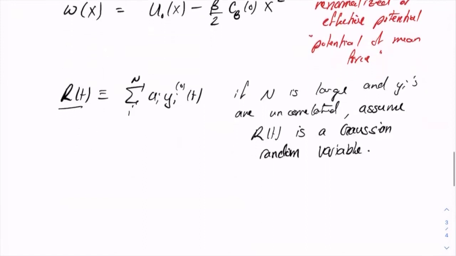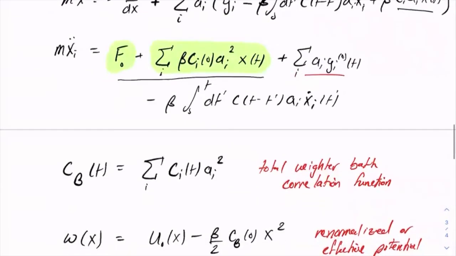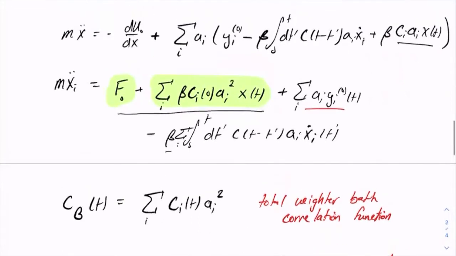So let's finally identify a function gamma of t, which is equal to beta times that total bath correlation function, which is the last term. Sorry, this has a sum over i's in it, and those should have been squared.